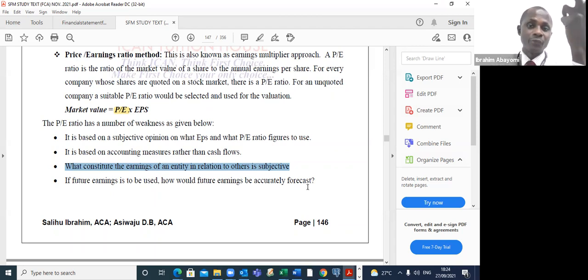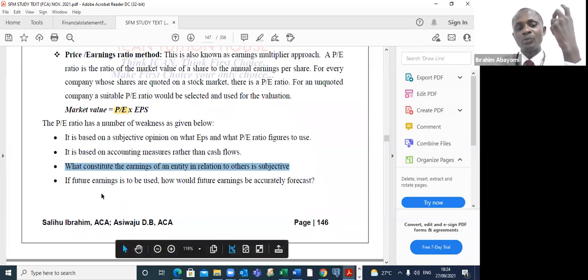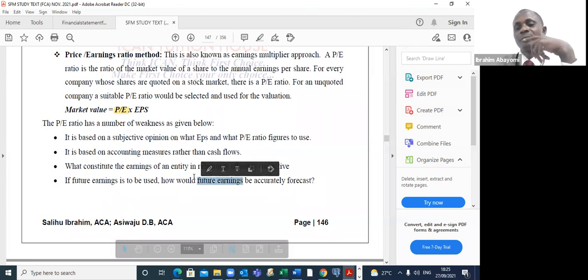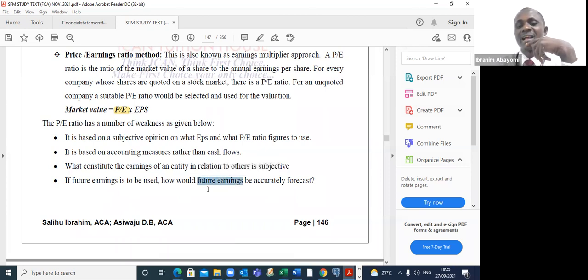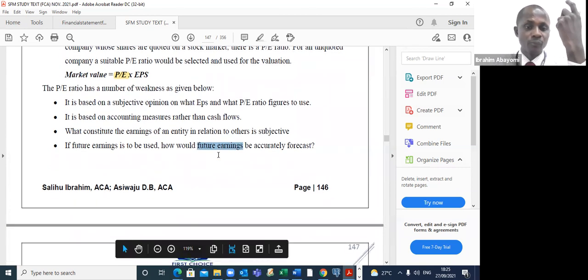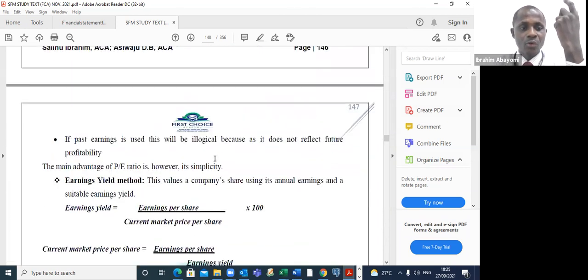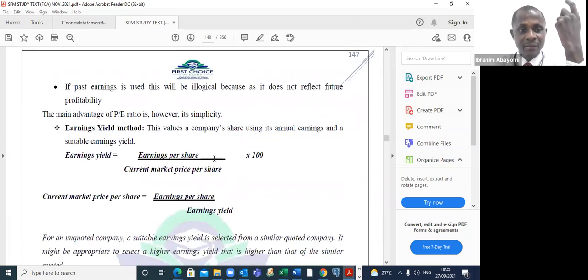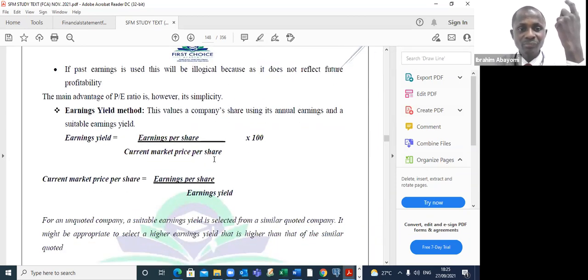So if I'm valuing my company, I will have to get future information. So if I'm using earnings, how do I get my future earnings? It means I will only have current earnings. So how do I predict what earnings I will have in the future? These are the weaknesses of the price earnings ratio.